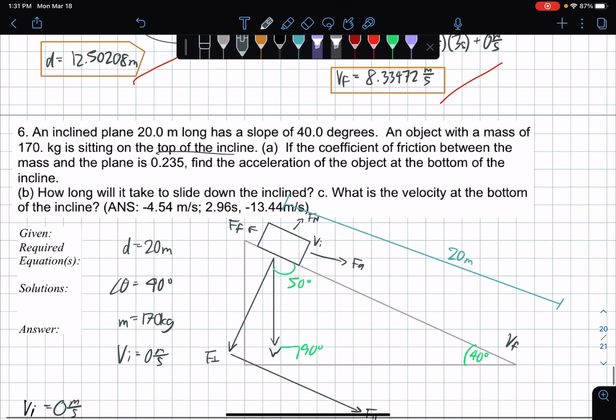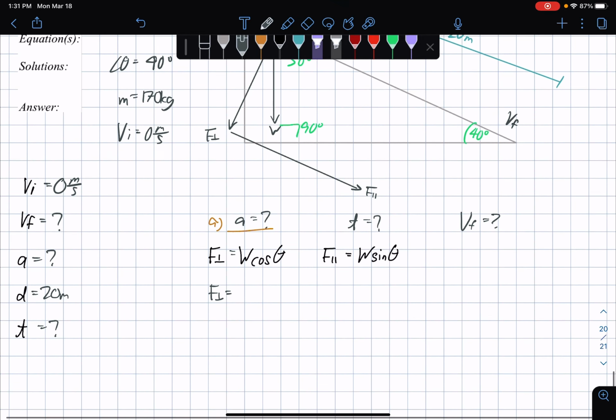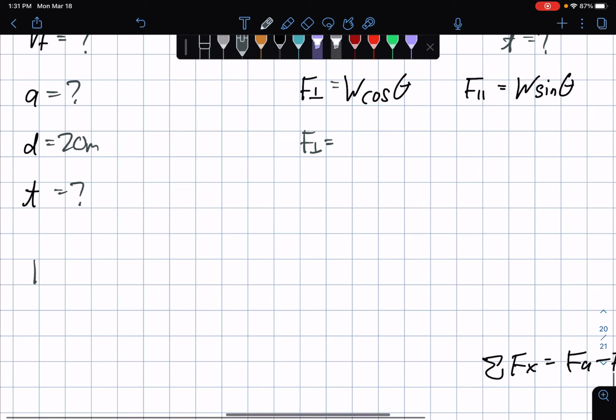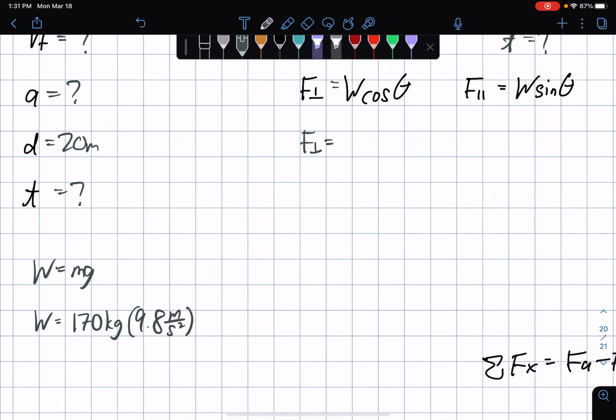What is our weight? We don't know the weight, so we solve for the weight, such that the mass is given. It is said to be 170 kilograms. And we all know that the gravity value is standard. It's supposed to always be 9.8 meters per second squared. So 170 times 9.8 is 1666.